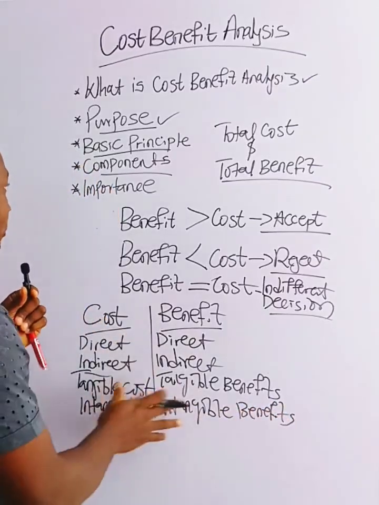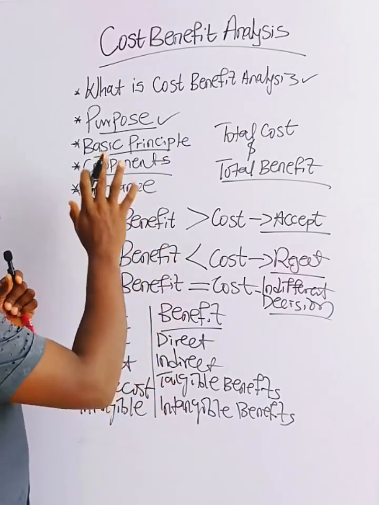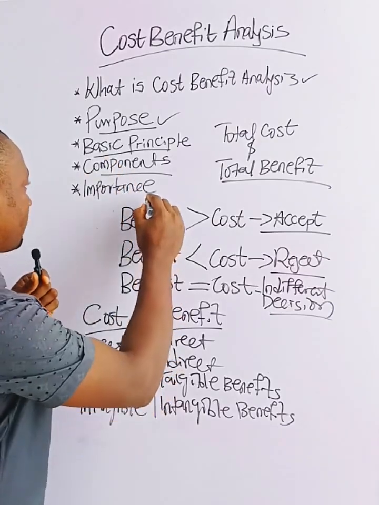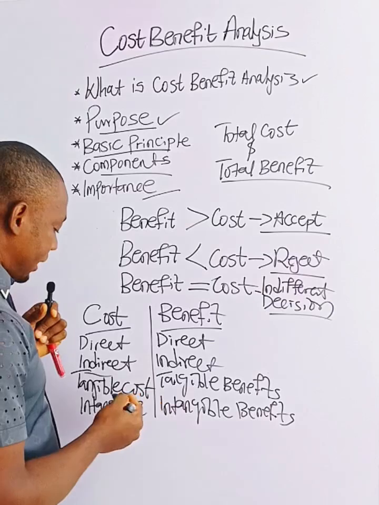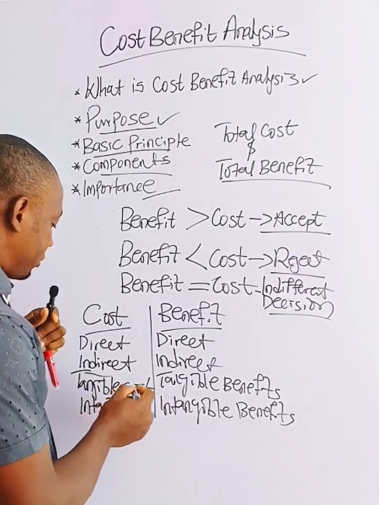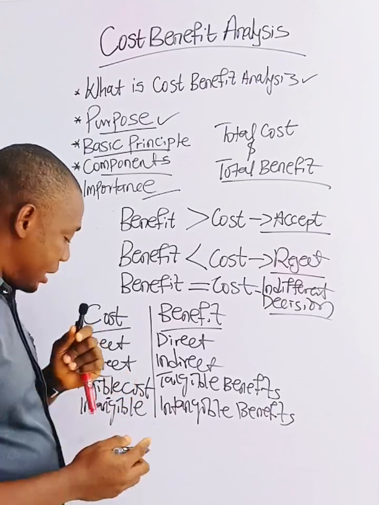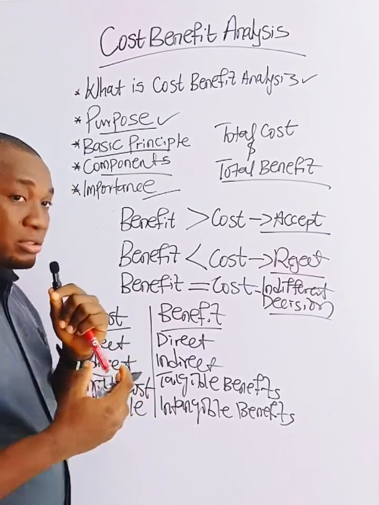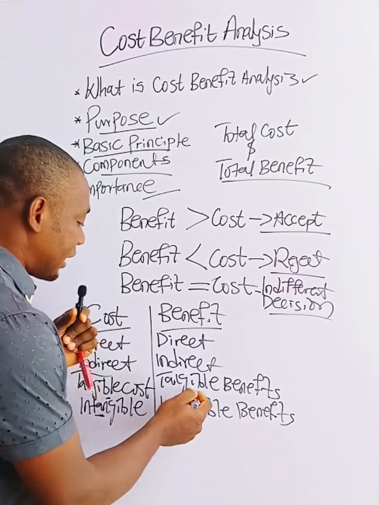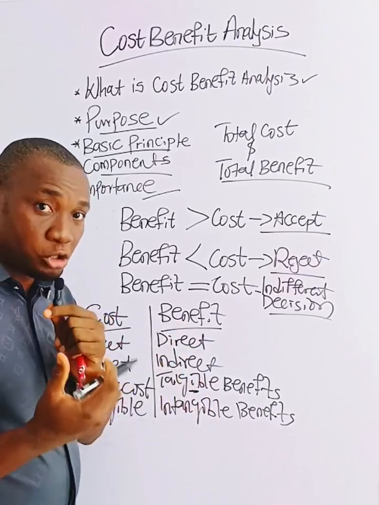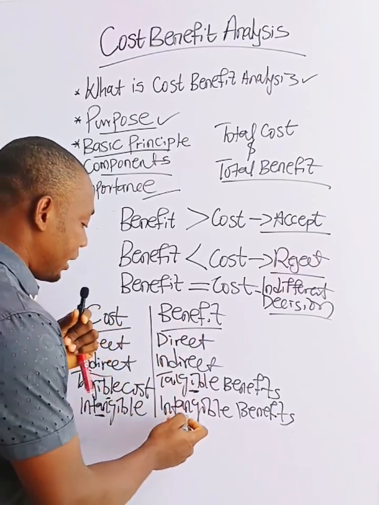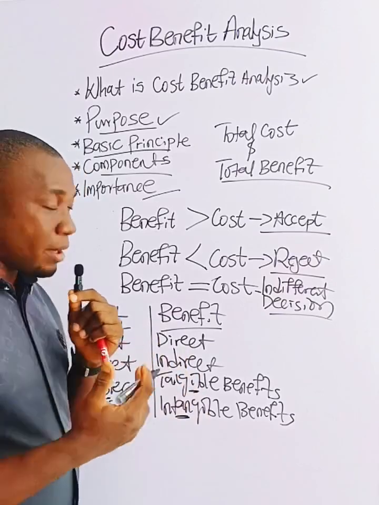All right, these are the components of cost benefit analysis. Let's consider the importance. But before then, tangible cost simply has to do with the cost that can be measured in money. Intangible cost is the cost that cannot be measured in money. Tangible benefits are benefits that can be measured in monetary terms. Intangible are the ones you cannot measure in money.